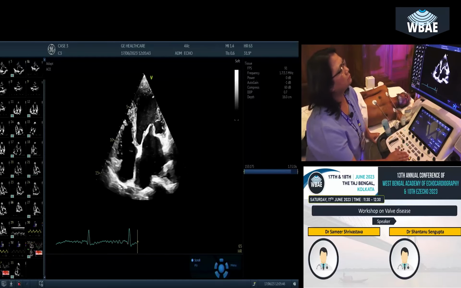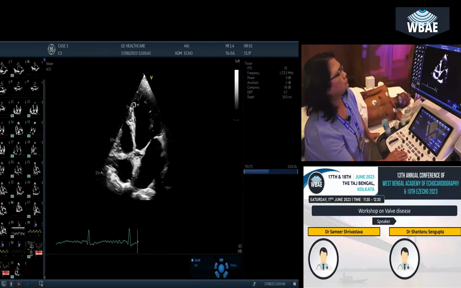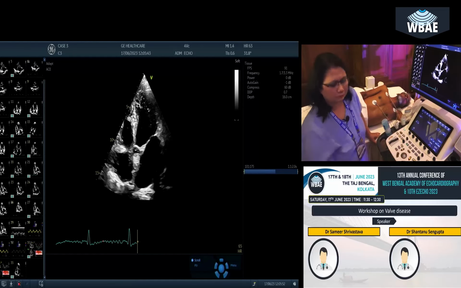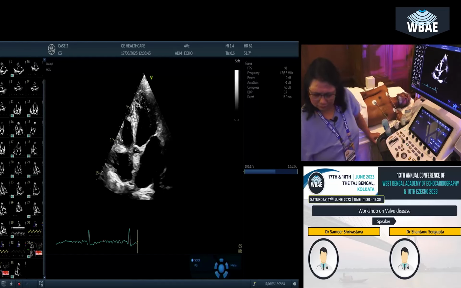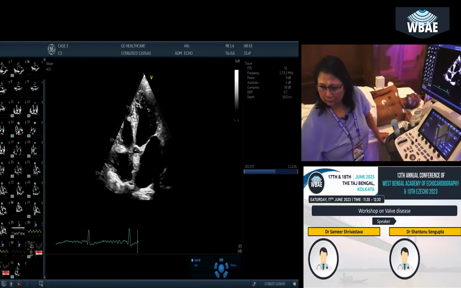TAPSE is, rather it is the other way, TAPSE is 18, which is slightly more than normal. RV S prime is 9.2, and RV free wall strain is minus 17.